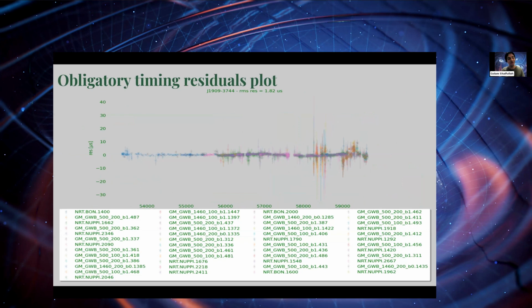There's not much going on in this slide, except that as a PTA data analyst, I feel obliged to show you what a lot of us are spending our lives staring at. This is data not from the NPT, but from the European Pulsar Timing Array, which I work with a lot, where there are something of the order of 28 different observing systems and 6 or 7 different telescopes.